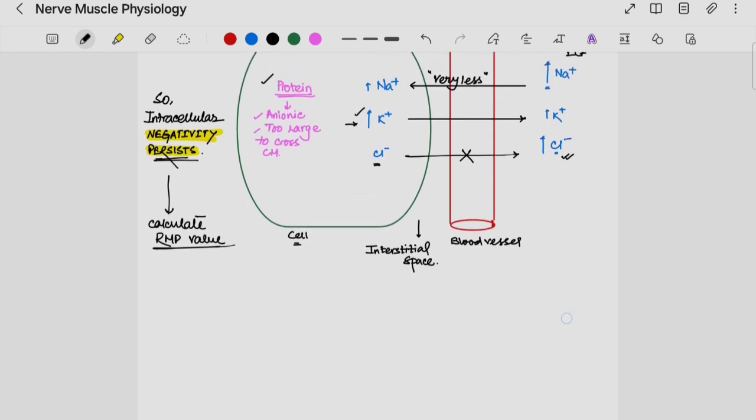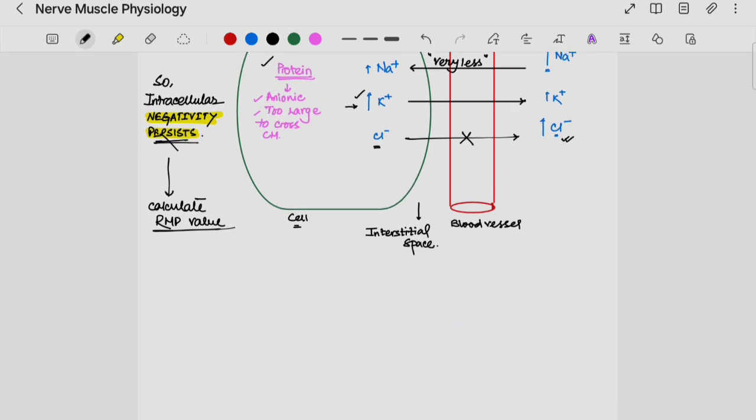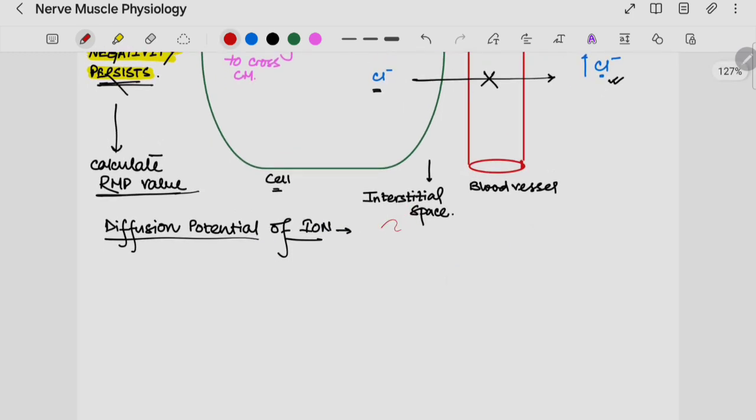So there is a diffusion between intracellular and extracellular potassium. So for this diffusion, we calculate diffusion potential of an ion. For this diffusion potential, we use Nernst equation.